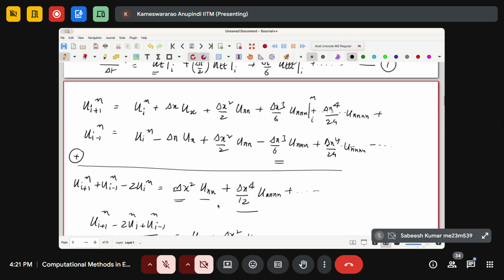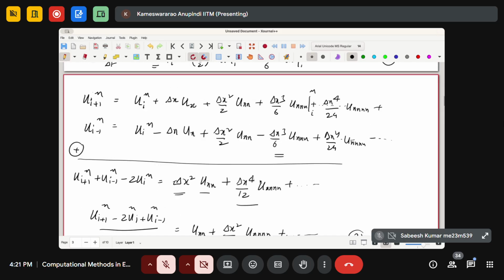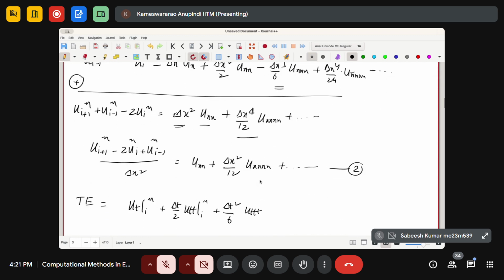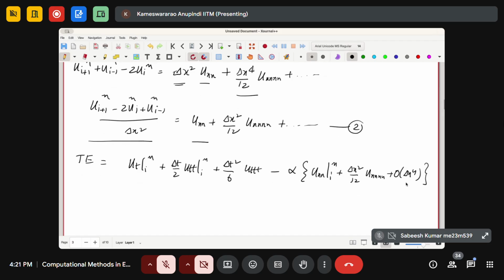Okay, and then delta t squared by 6 u_ttt is what we have, and then minus alpha times this quantity, which is replaced with what is there on the right hand side. This is going to be u_xx, again at i comma n, plus delta x squared by 12 u_4x, and then order delta x to the power 4. Okay, that's what we'll get as the next term.